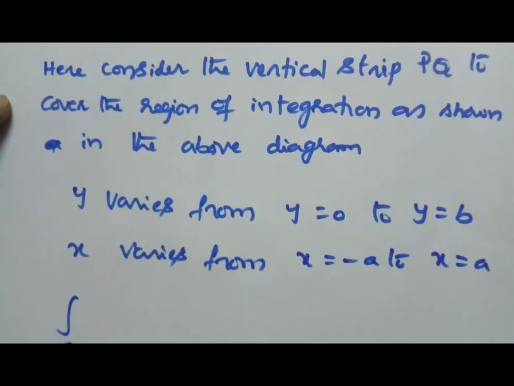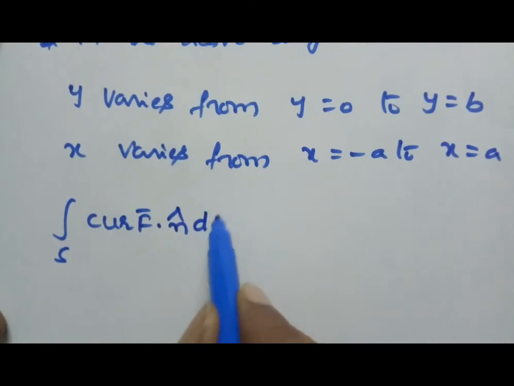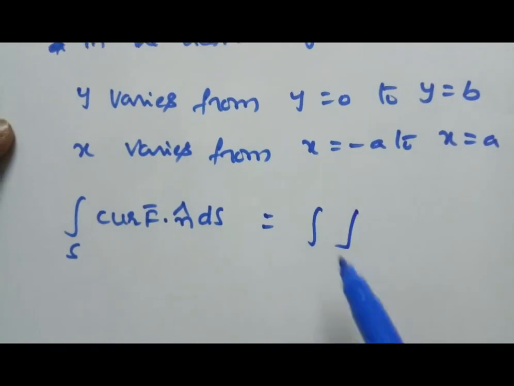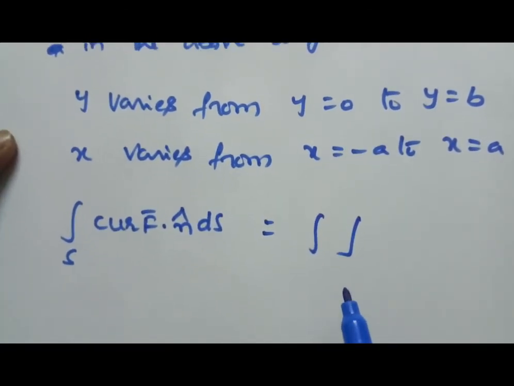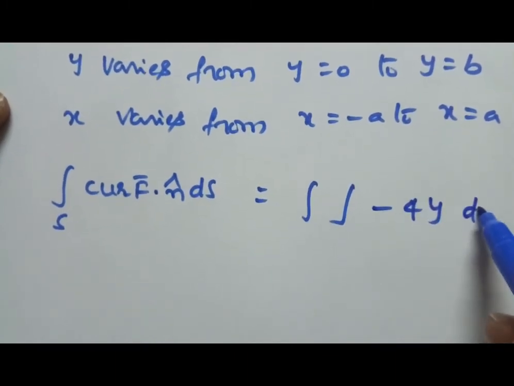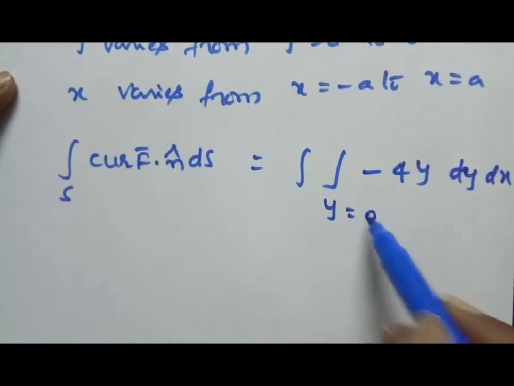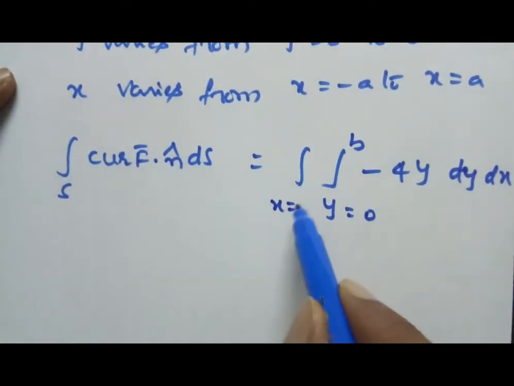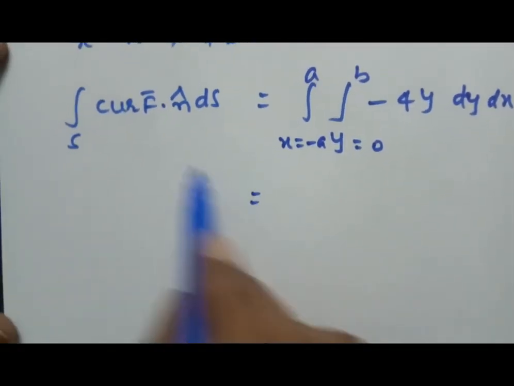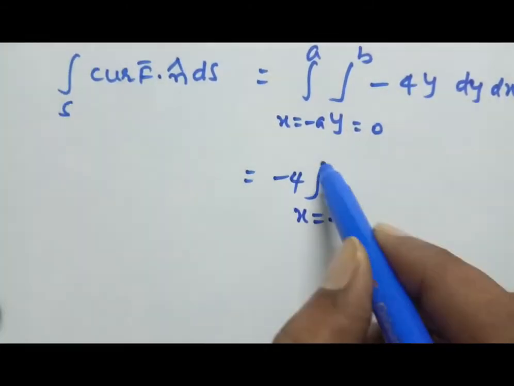Therefore, the surface integral of curl F bar dot n cap ds over S is equal to the double integral of curl F bar dot n cap, that is minus 4y into dy dx, where y varies from 0 to b and x varies from minus a to plus a. Therefore, this is equal to minus 4, which is a constant, integral x equal to minus a to a.